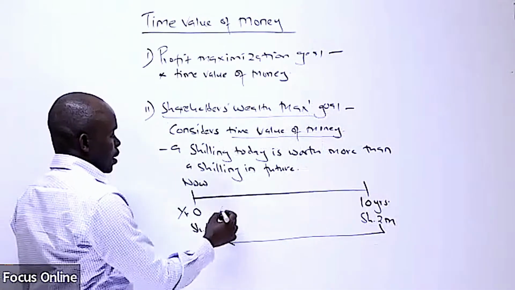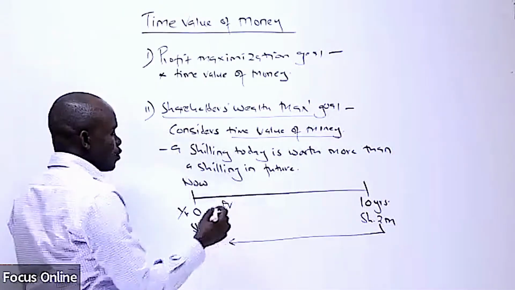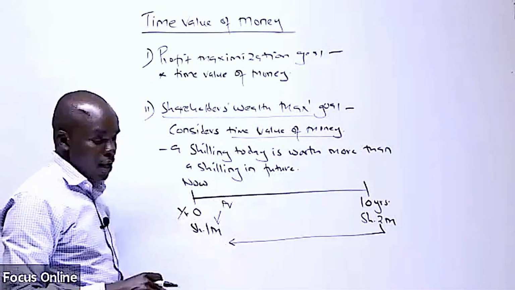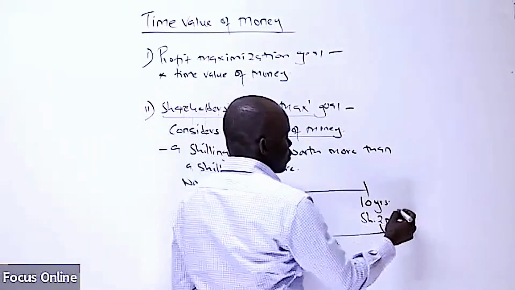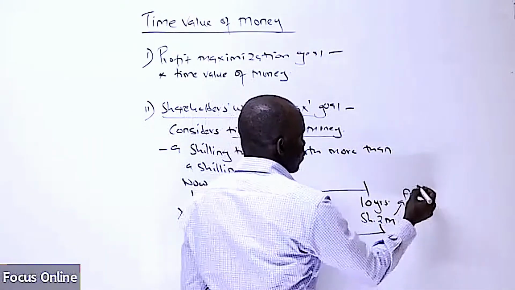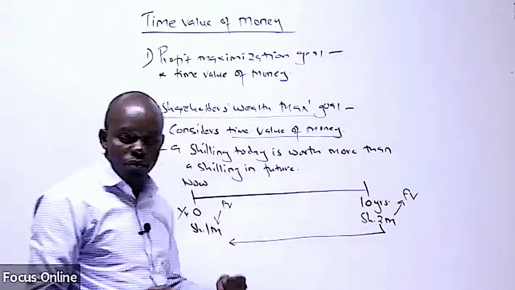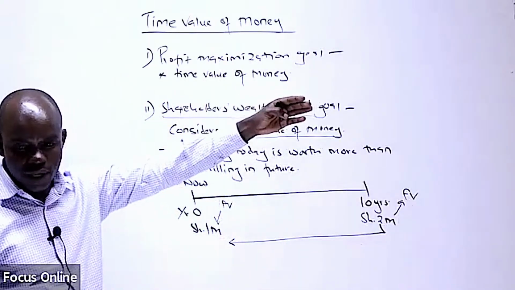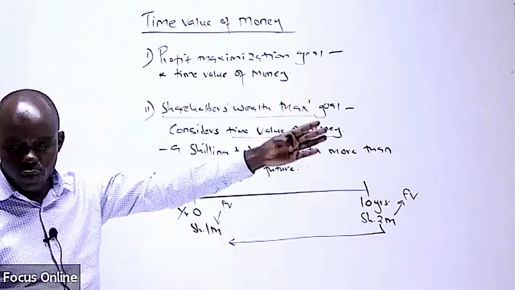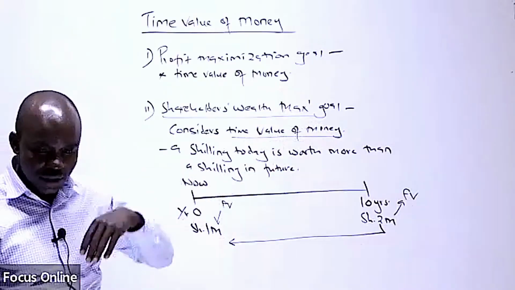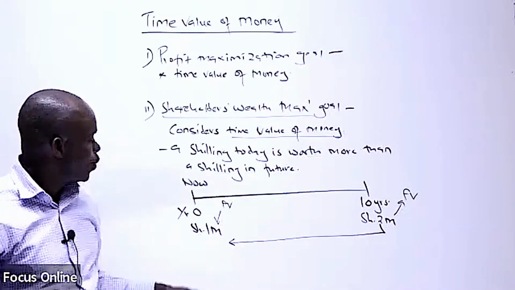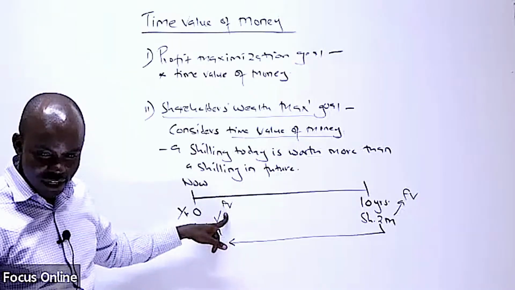Present value means now. But this 2 million is in future value. If an amount is to be received in future, we say it is in future value form. If it's being received or paid today, we say it's in present value terms.